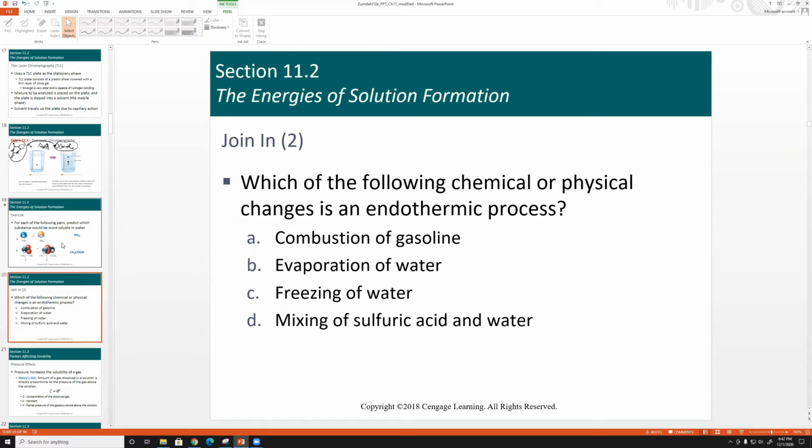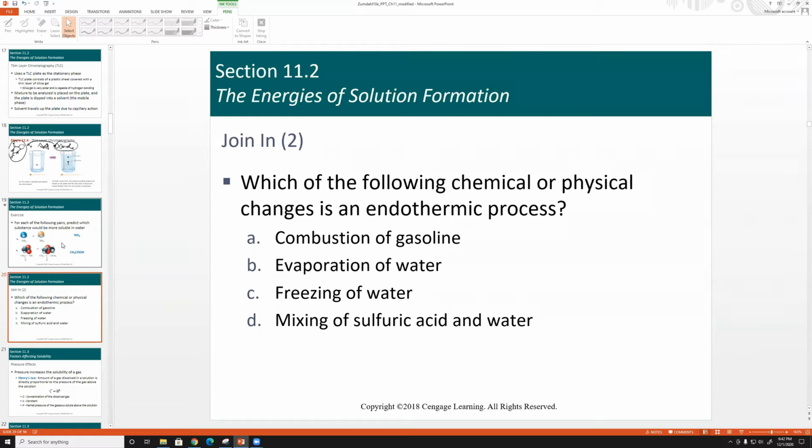Freezing of water: the water is going from a higher energy state as a liquid, with more movement and more kinetic energy of the molecules, to a lower energy state as a solid. Therefore, energy is released, exothermically.